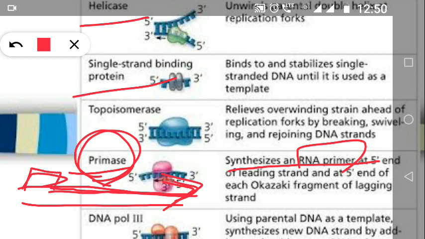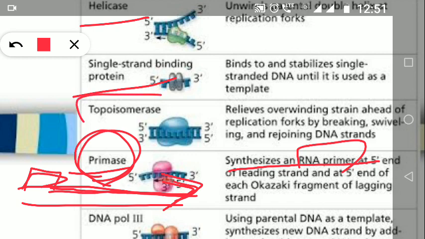Otherwise DNA polymerase cannot initiate the synthesis directly. It requires some already existing molecule, and only then does it bind to that molecule and extend it, but not initiate it.